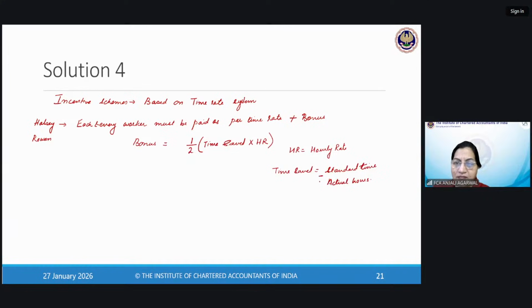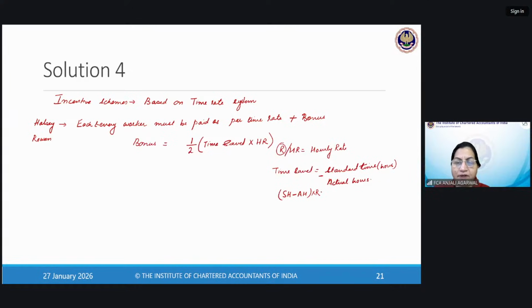So time saved would be standard hours minus actual hours, or standard time minus actual time. So this is the time saved into hourly rate, or you can also simply call it R.